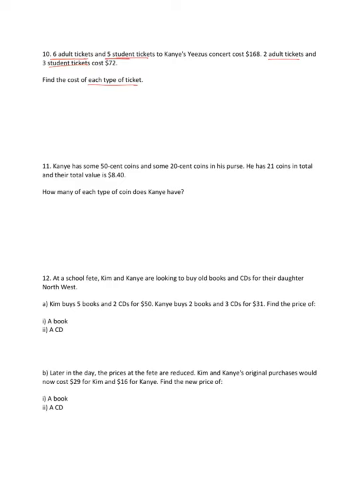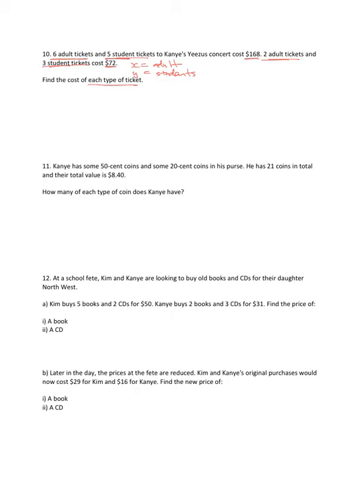Because I've got 6 and 5 makes 168. 2 and 3 makes 72. So what we're going to do is x is going to be adult ticket cost and y is going to be students.